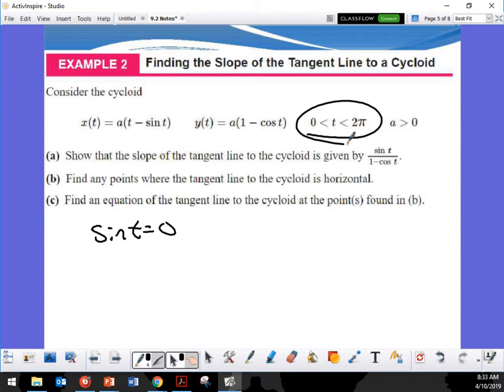Only at pi. So it's basically t equals arc sine of 0, which gives t is pi.